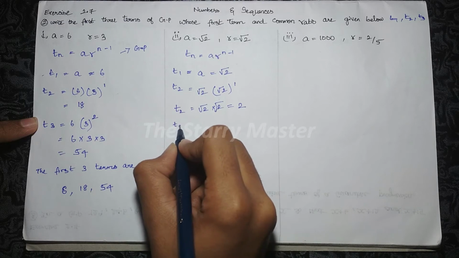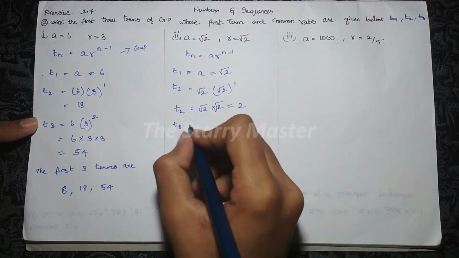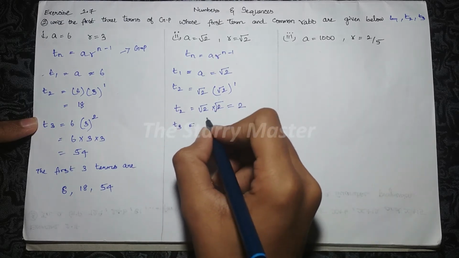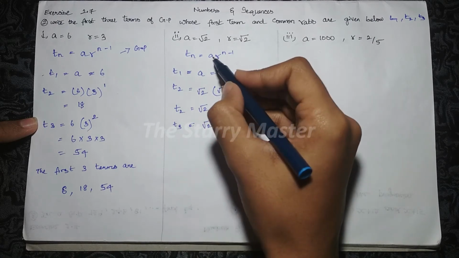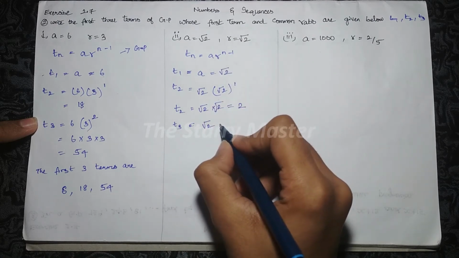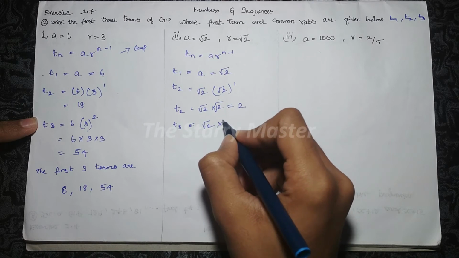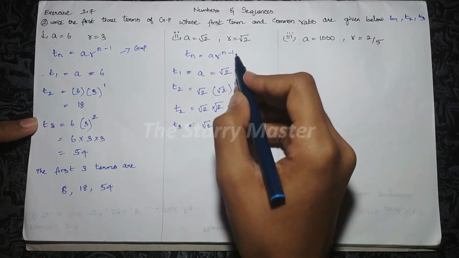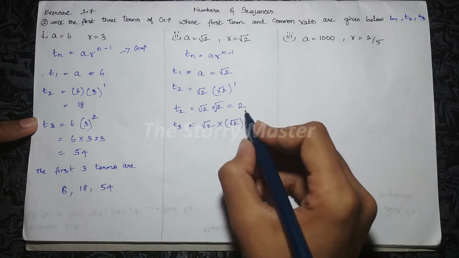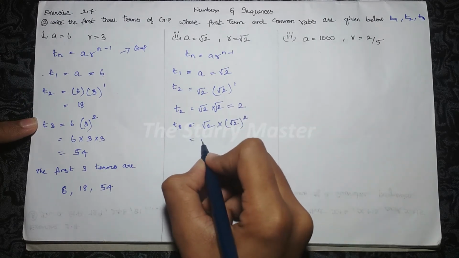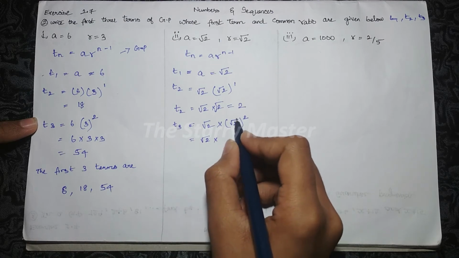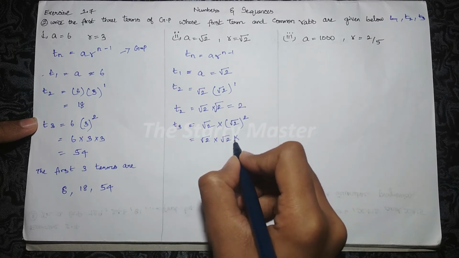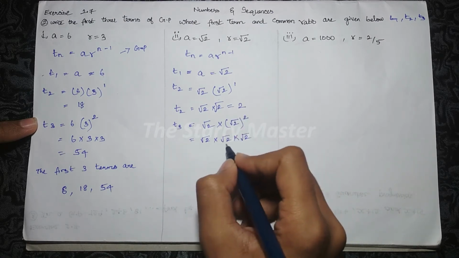Then we have to find T3. T3 is equal to a value, in place of a we write root 2, into the r value root 2 to the power n minus 1. n is 3, 3 minus 1 is 2. So we write this as root 2 into root 2, because it is a square, and square means two times.